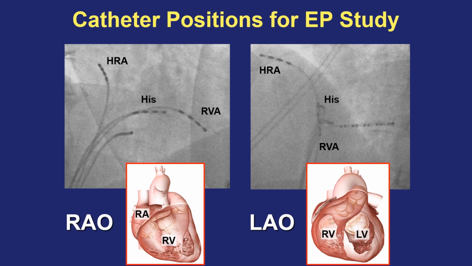The His bundle catheter positioned right at the tricuspid annulus on the septum. And the coronary sinus catheter going into the screen in the RAO view and traveling leftward in the LAO view. And because of the way the heart activates during sinus rhythm and what's accessible from the femoral vein, these typically are the places that catheters are positioned during a standard EP study.